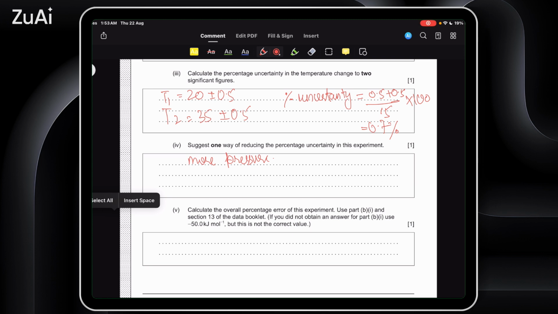Calculate the overall percentage error in the experiment using your answer.